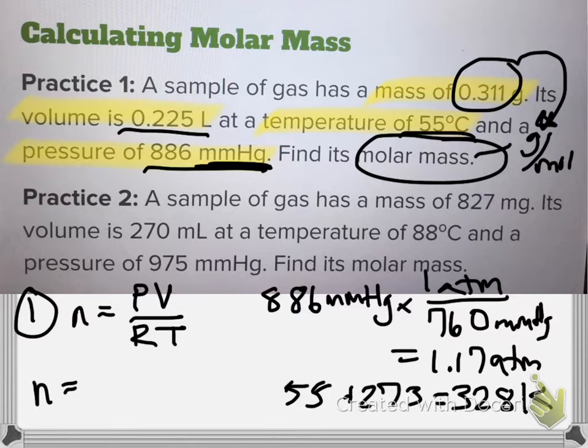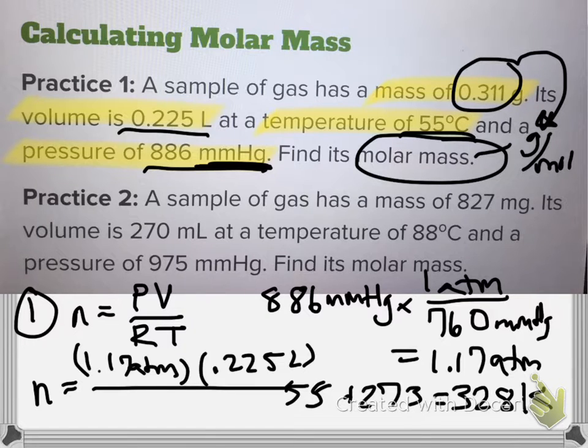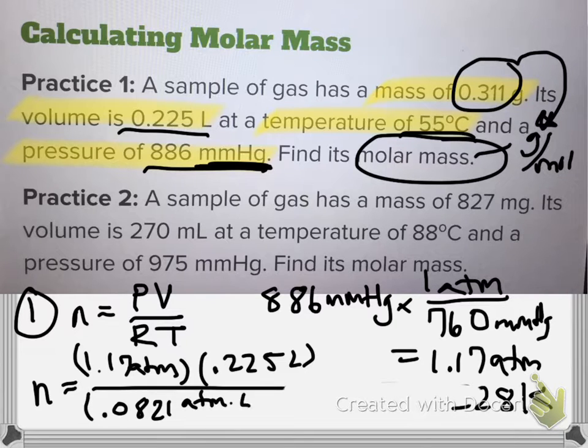So n is going to equal our pressure, 1.17 atm, times our volume, 0.225 liters, divided by our R, 0.0821 atm times liters divided by mole times Kelvin, times our Kelvin, 328 K. Okay, to make sure that you did this right, notice what units cancel out. atm, liters, Kelvin.